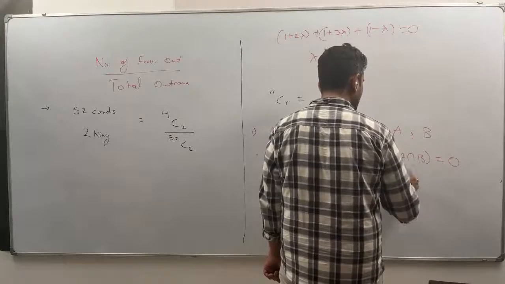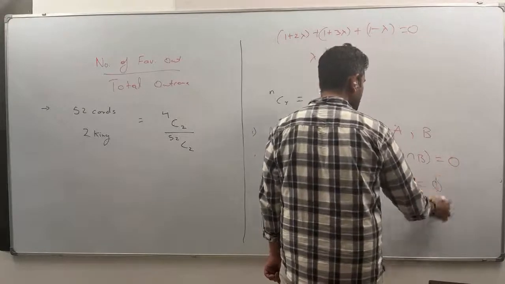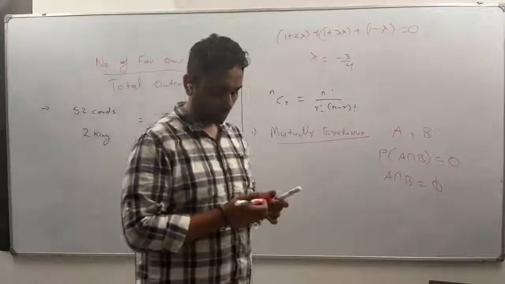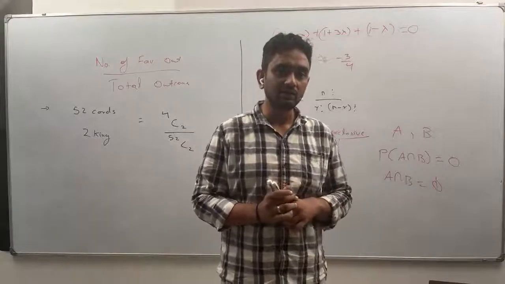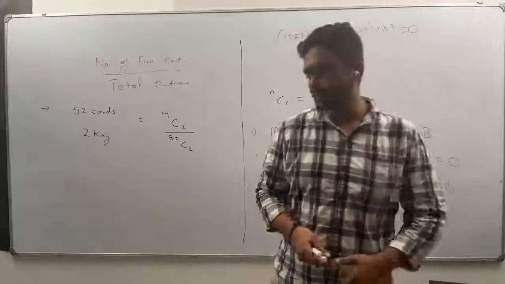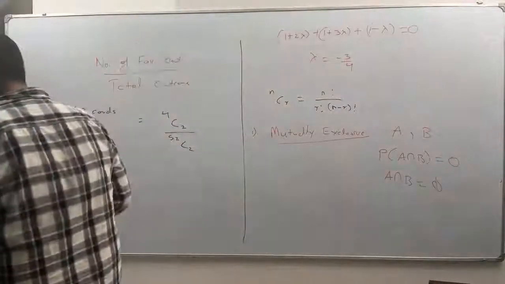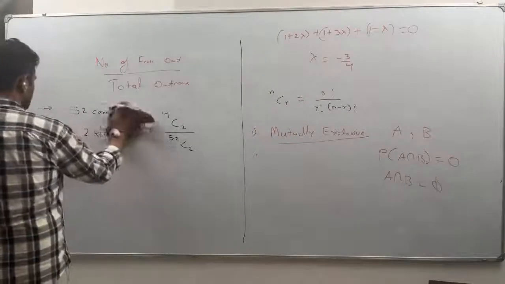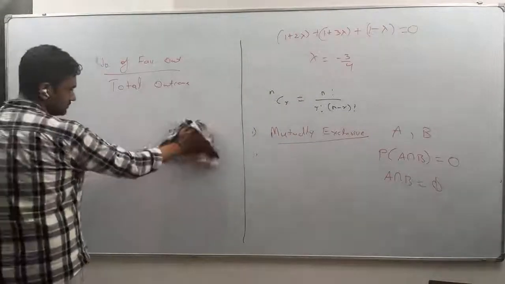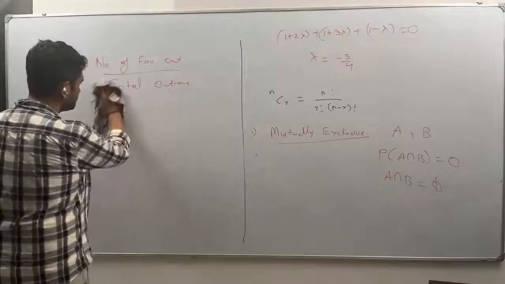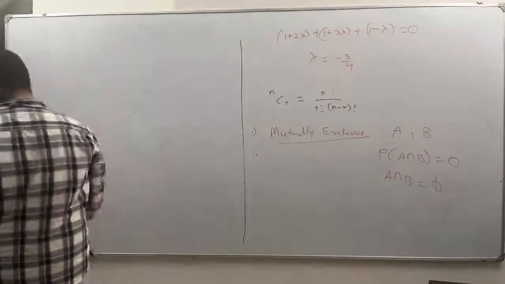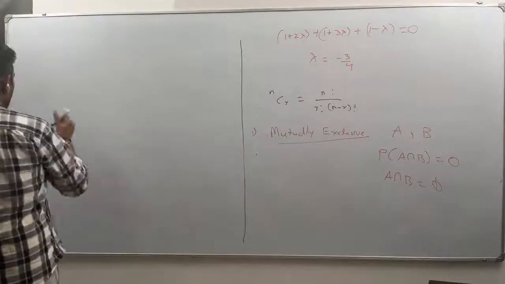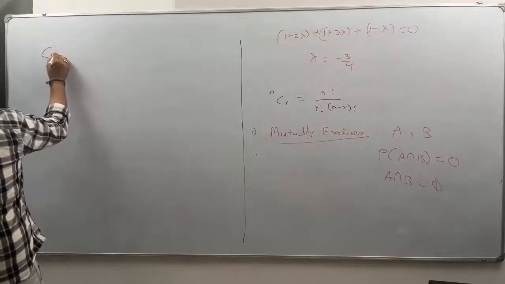Or I can say the set A intersection B should be the null set phi. That is mutually exclusive events. Next thing that we'll study is conditional probability.